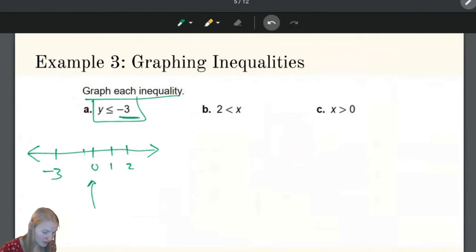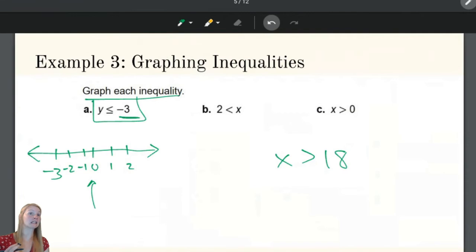If you want to fill in all the numbers, you may, but when we get inequalities like x is greater than 18, you're going to have a lot of numbers to fill between 0 and 18. So I recommend just putting those two on the number line. We get what you mean.